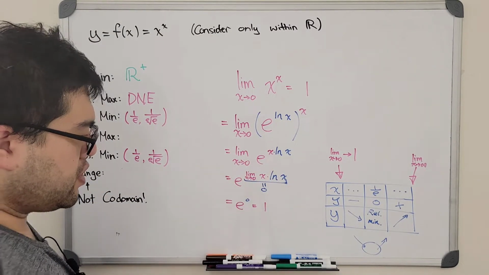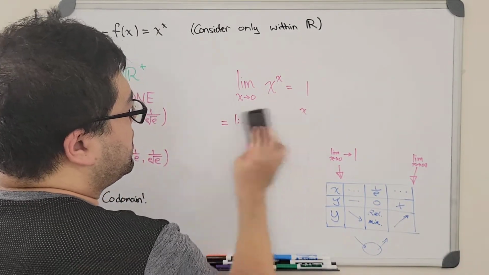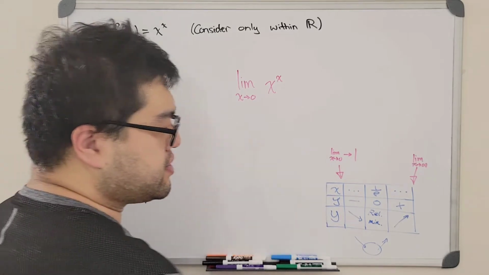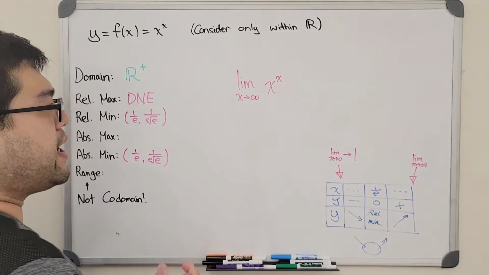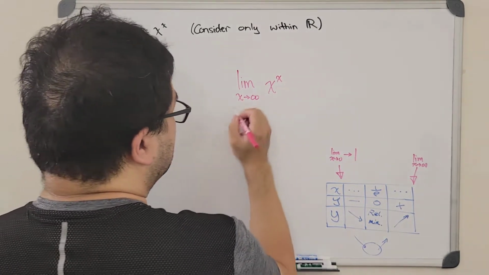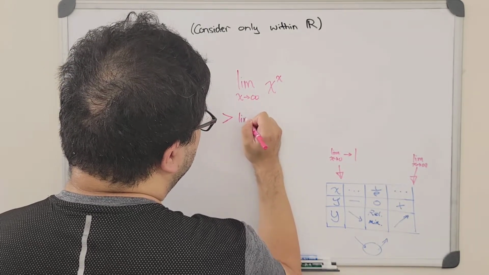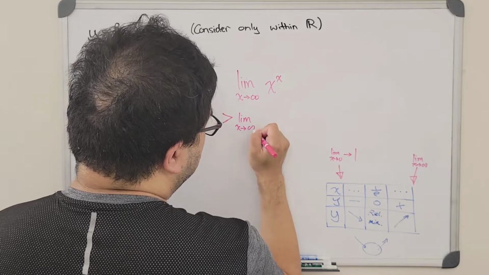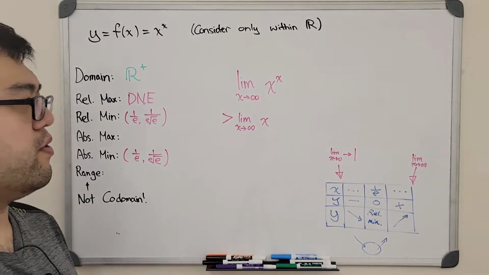Now, how about when x is approaching infinity? This is of course a lot easier, because clearly x is approaching infinity, implying that x is greater than 1. That means this is already strictly greater than x itself.